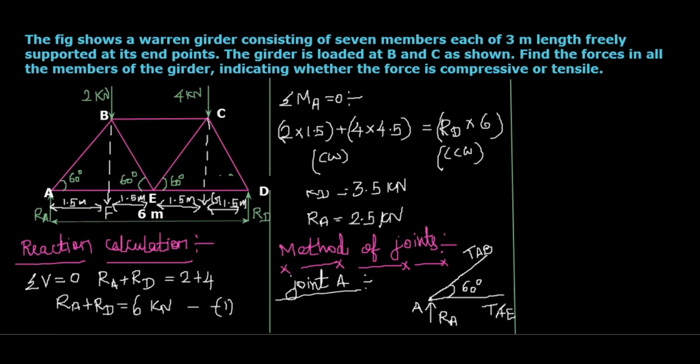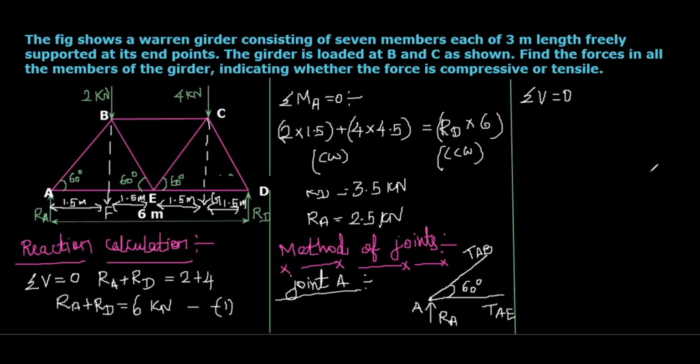So here, first I am going to consider the principle, summation of vertical forces equal to 0. If this entire truss or frame is in equilibrium, each joint should be in equilibrium. So there are three forces acting at point A, and when you use the equilibrium principles, that should be satisfied.